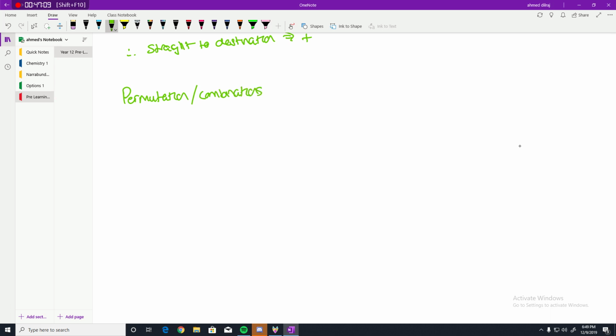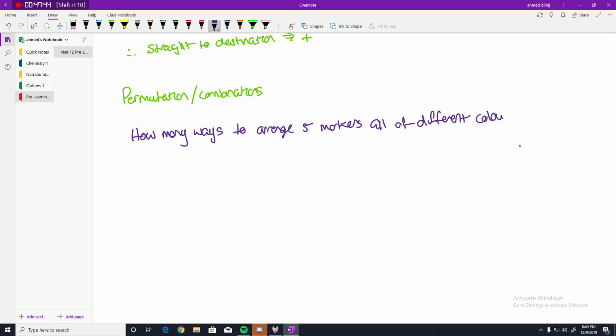The most basic question anybody ever asks in permutations and combinations, and we're going to be focusing on permutations right now, is: how many ways to arrange 5 markers of all different colors?